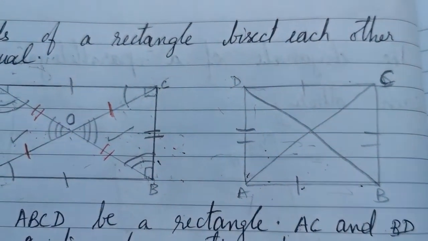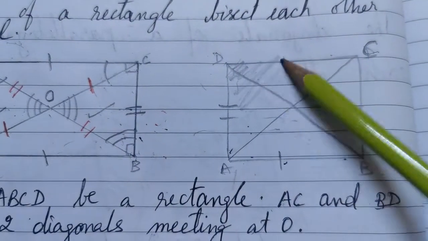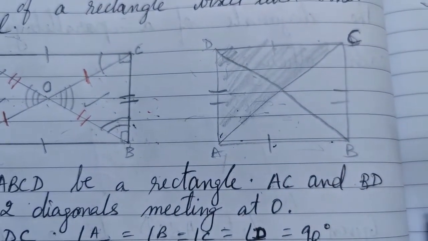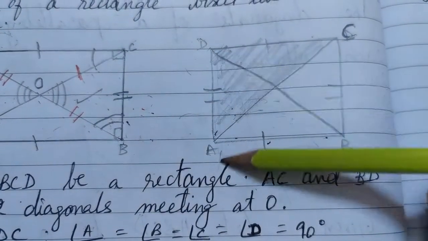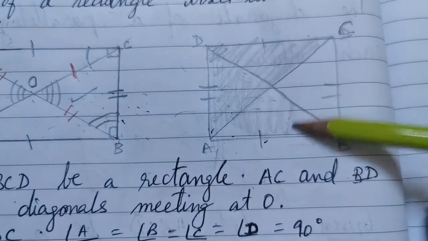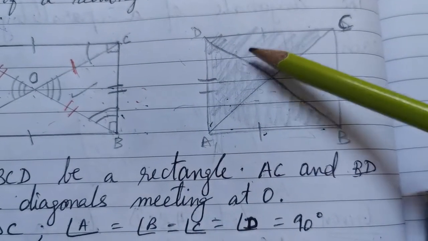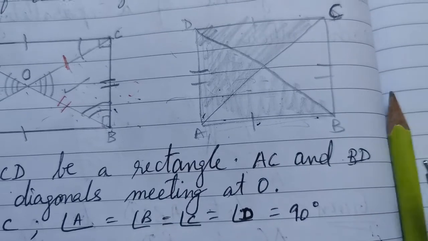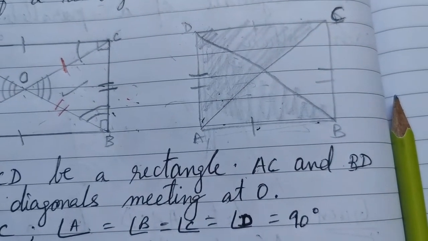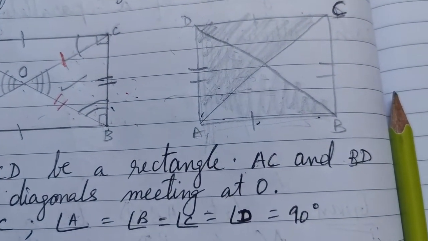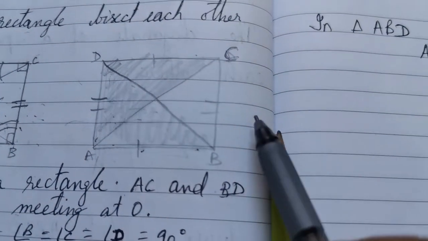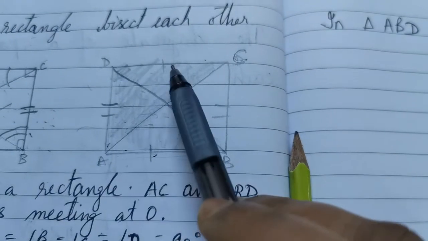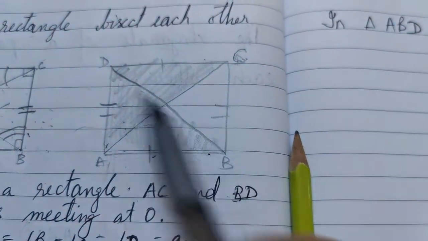I am taking this triangle ACD and ABD. So in these two triangles AB is equal to DC. And AD is common in both the triangles. AD belongs to ACD and AD belongs to ABD.